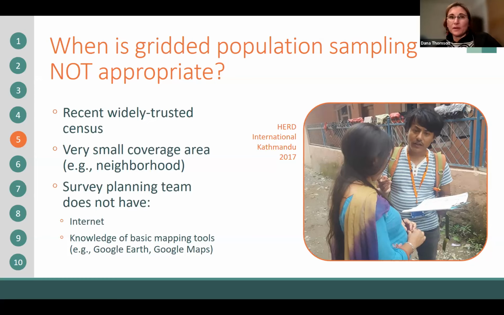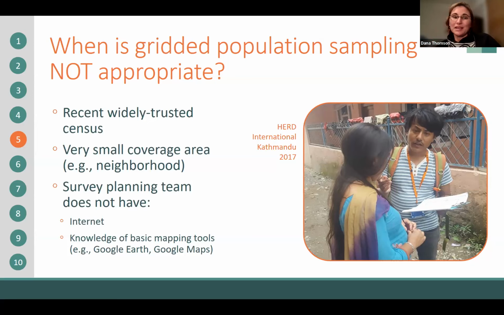Modeled data sets come with model error, and they're often based on the last census. And you might be able to project those estimates and reallocate them in space based on features like building footprints, but you're always going to have a better estimate of the population if you've been to the field, and that's what a recent census gives you.